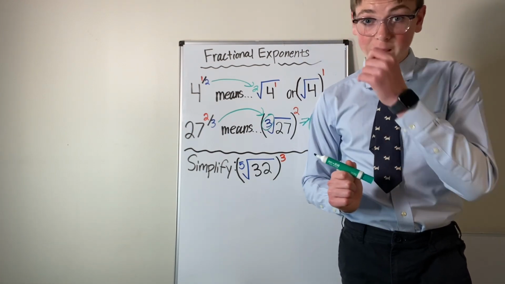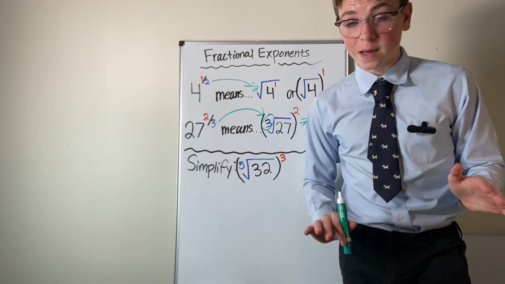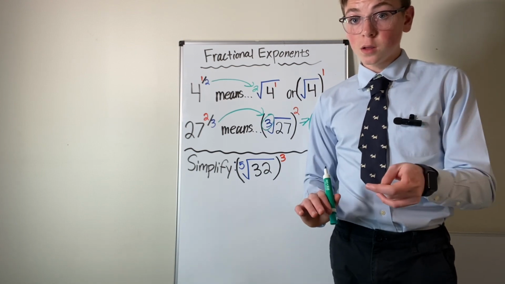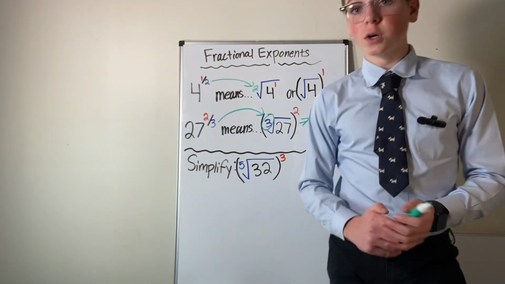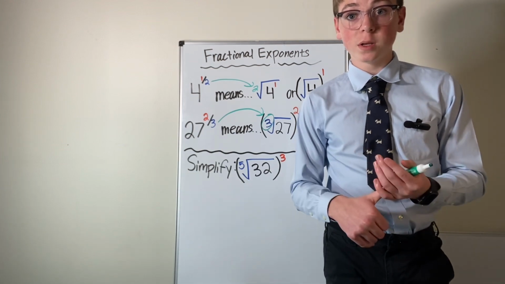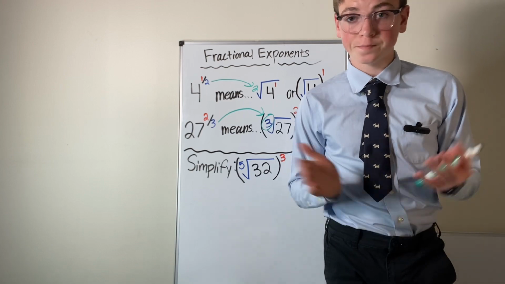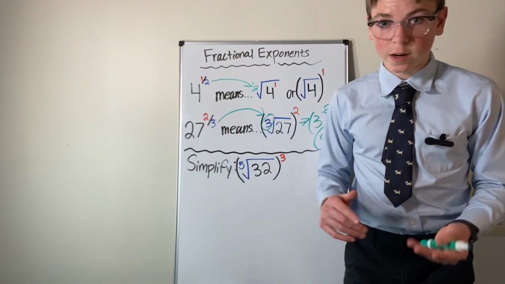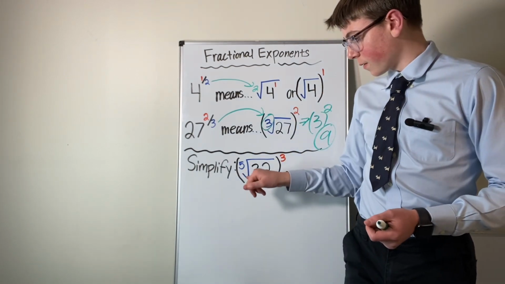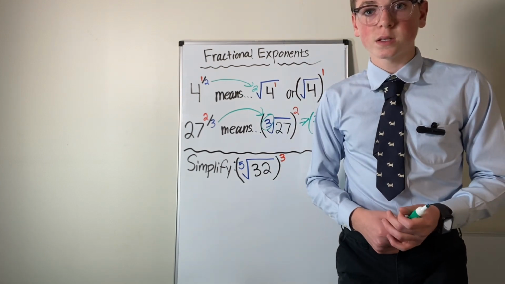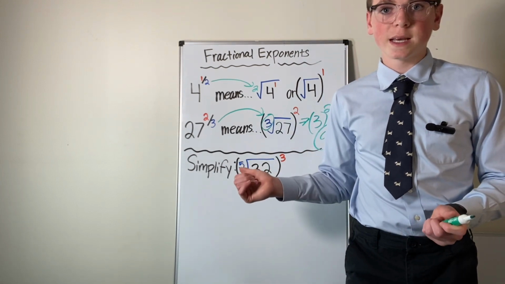I know, it may seem like a lot. Fifth root, we haven't gone this high before, but you'll get it. Again, I gave you a good number here. You are going to be able to do this using your whole numbers, 0, 1, 2, 3, 4, 5, 6, whatever. But I wouldn't do a 4 because that's to the fifth, and that's a huge number. This is 32, so we can tell it's a small number.